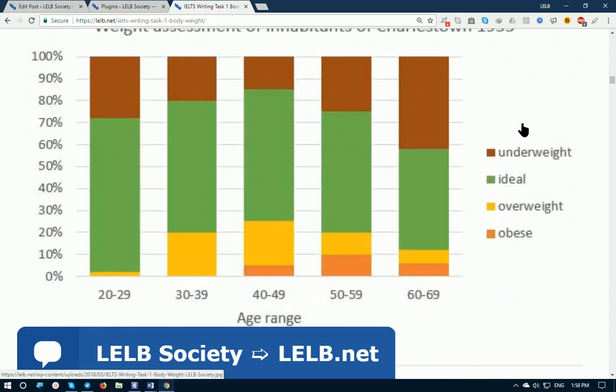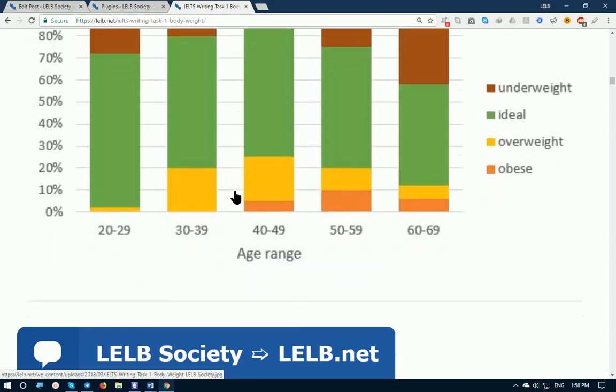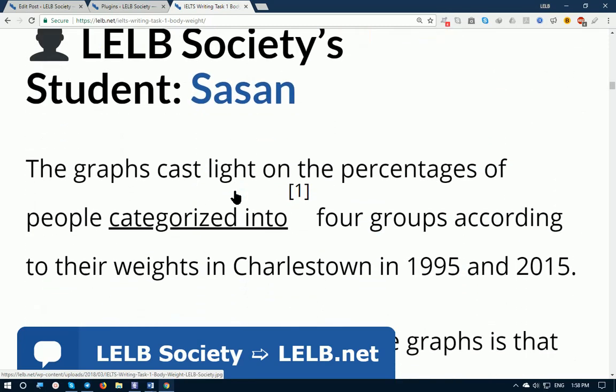Actually, the colors are the same, and also the writer or reporter, because IELTS writing task 1 is more or less like a report. So let me just focus on the way this essayist or reporter has elaborated on this graph.